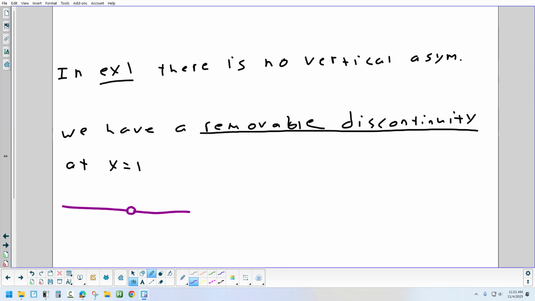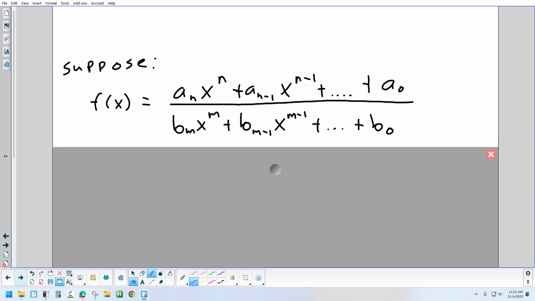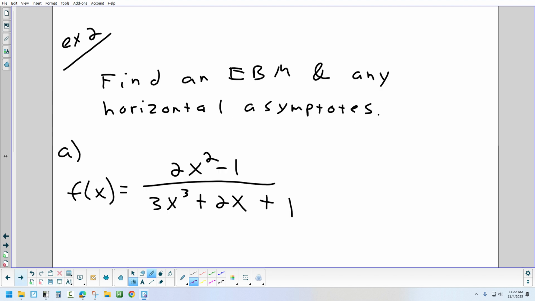So now if I ask you on the test, does the following graph have a removable discontinuity? That just means, does it have a hole in it?